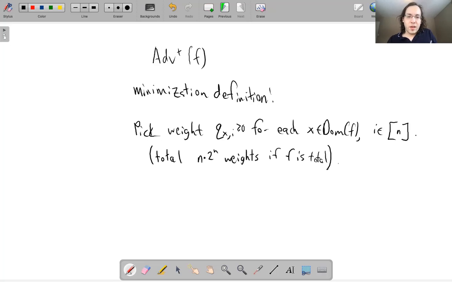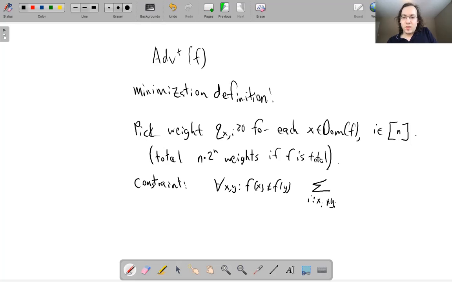And then the constraint. The constraint is that for all x and y such that f(x) does not equal f(y), we must have the sum over i such that x_i does not equal y_i of the square root of q_{x,i} times q_{y,i} be at least 1.